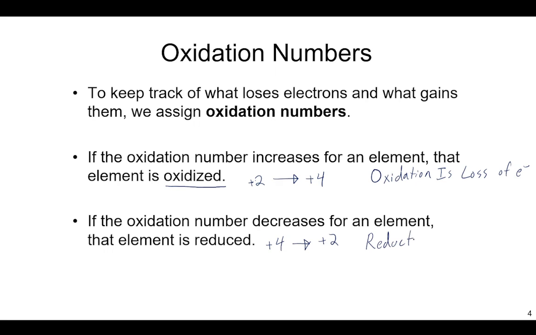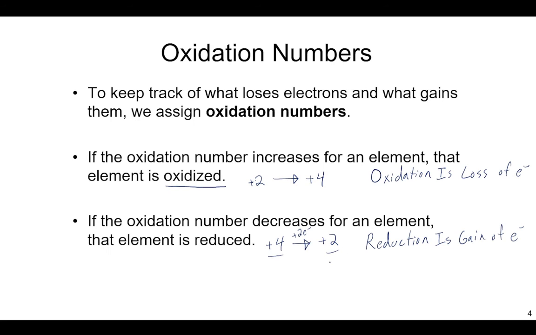And we call that reduction, where reduction is the gain of electrons. So you're gaining negatively charged electrons. To go from +4 to +2, you have gained 2 negative electrons for that element. So reduction is the gain of electrons.